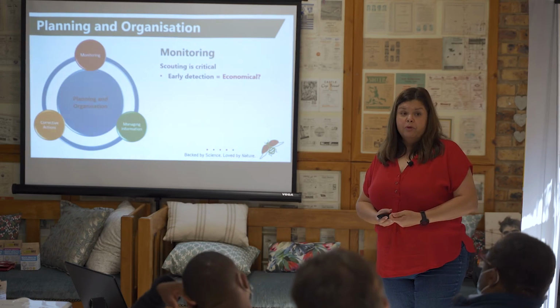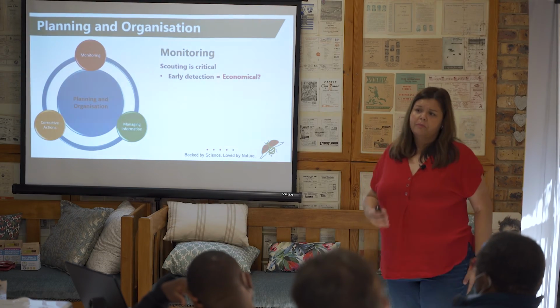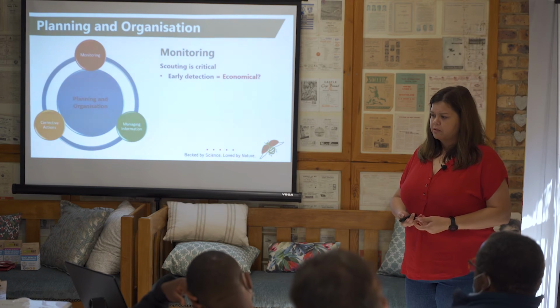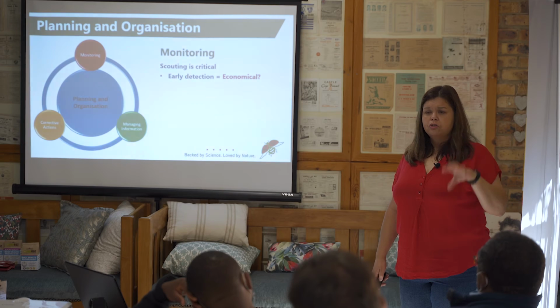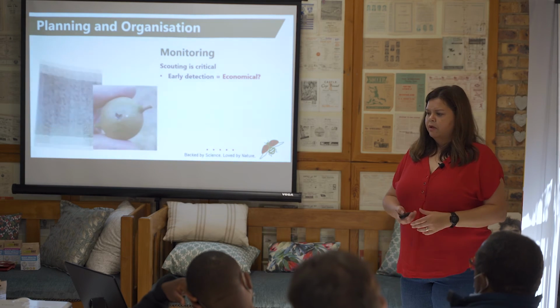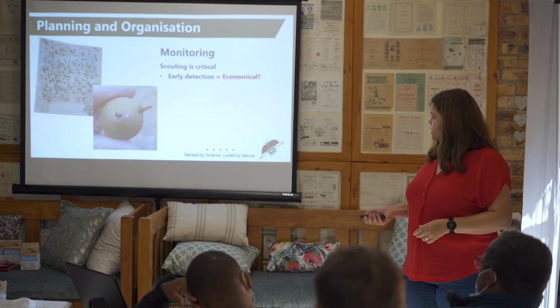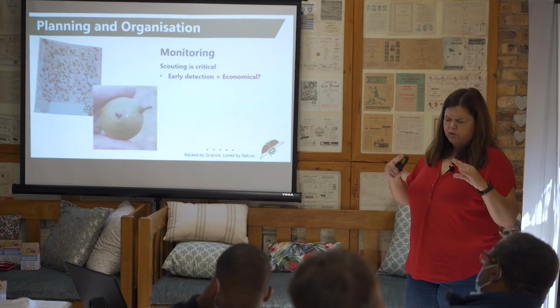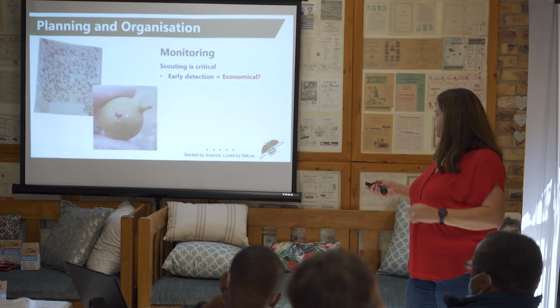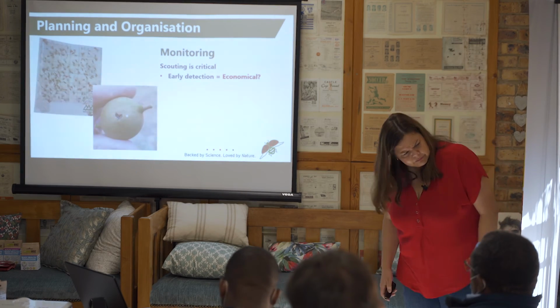Early detection, very important. Scouting is critical for you to make a success out of your business. Early detection means you can do something quite soon. Spot treatments of infestation level, so that's a FCM Delta trap scouting card.